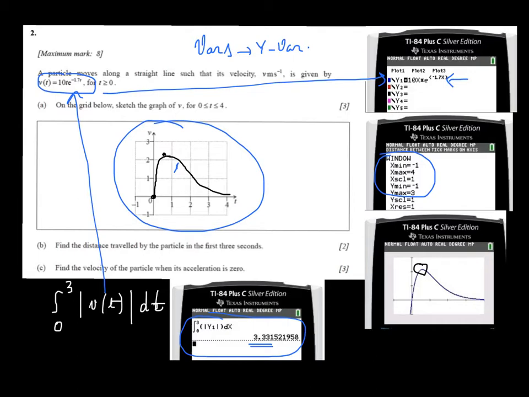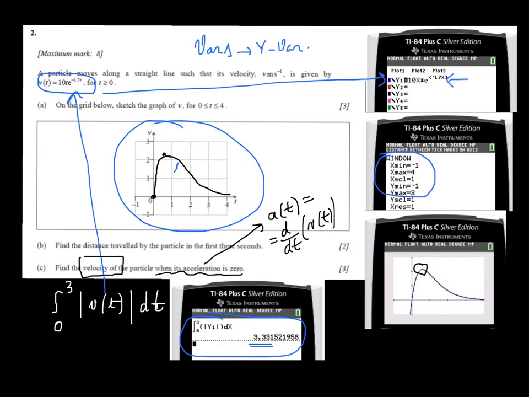The last question asks to find the velocity of the particle when the acceleration is 0. So if you want the acceleration to be 0, what the majority of you did, you wanted to find the acceleration, and very well you knew that the acceleration is the derivative with respect to time of v of t.